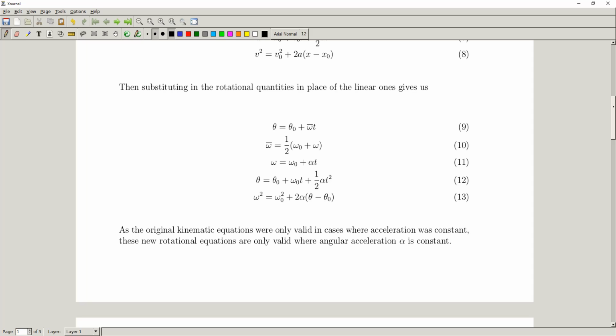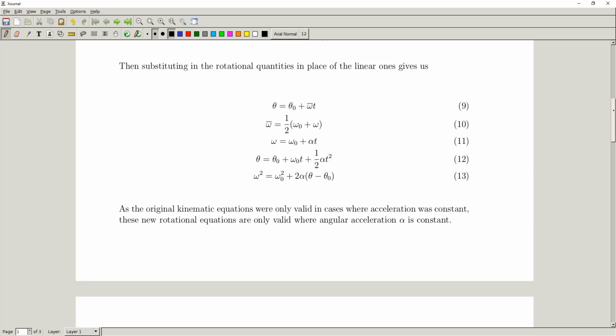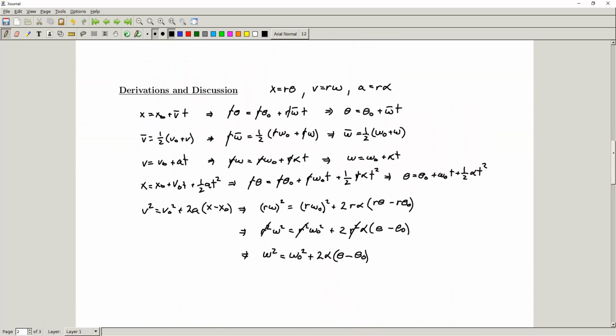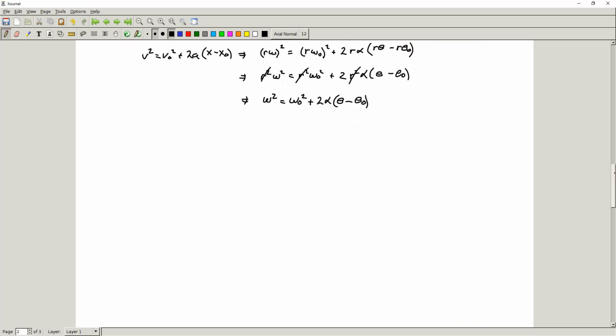We want to remember that and work with it the same way we did for our linear kinematics. So we can tackle problems where there are different accelerations, but we have to be very careful how we apply the formulas so that we're not using them in situations where we have different accelerations in one formula.